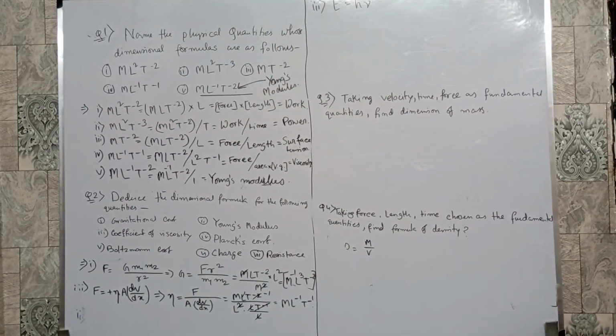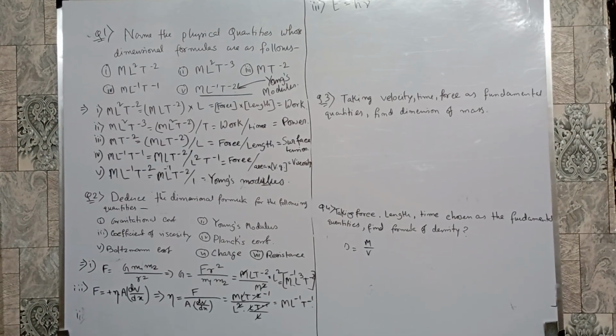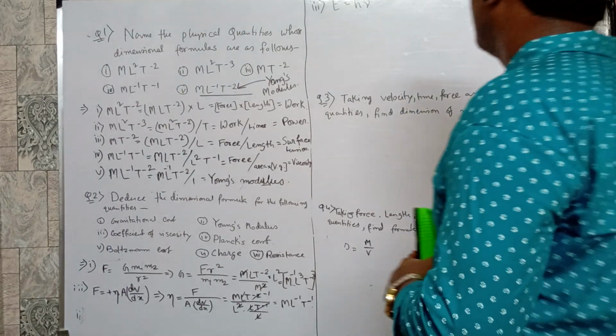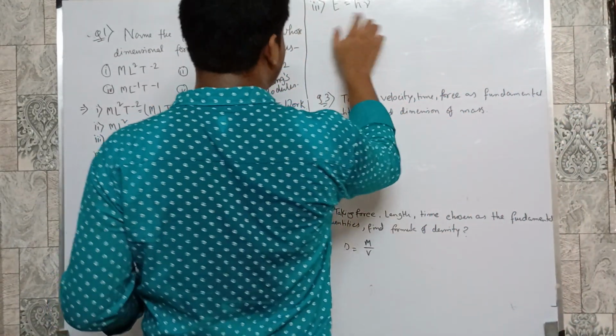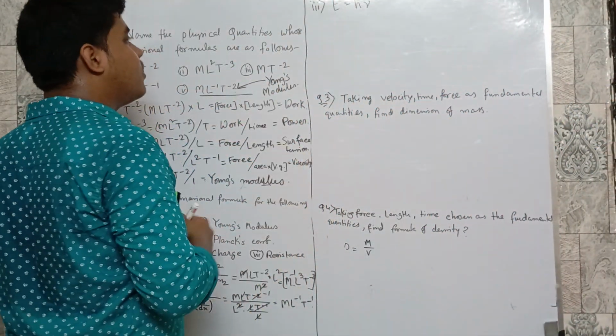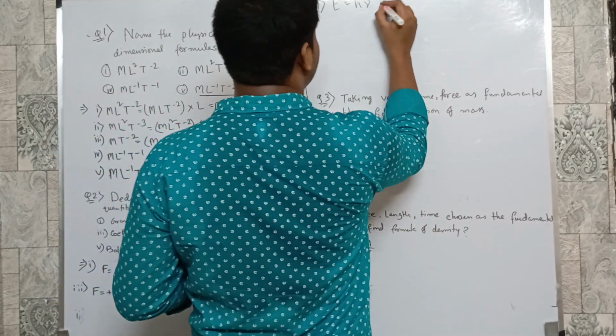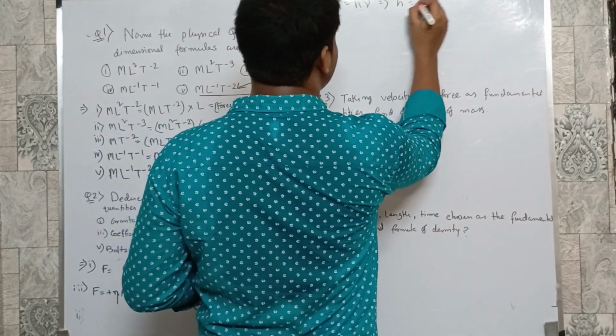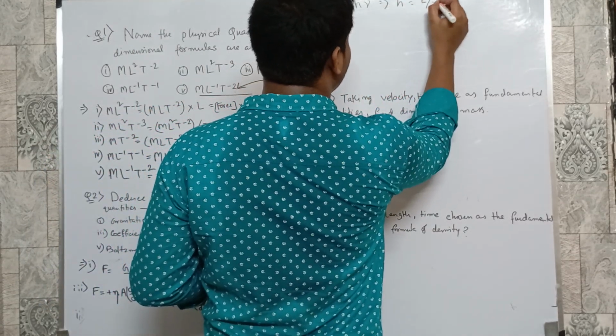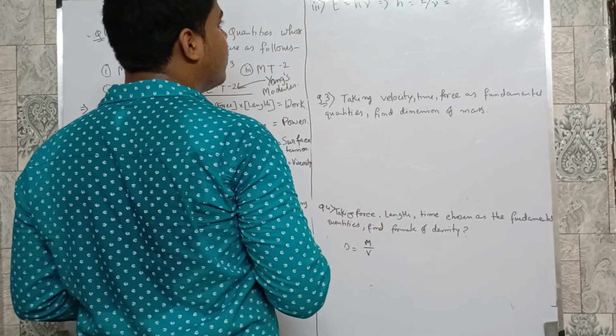E is the energy, h is Planck's constant, nu is the frequency. It will be studied in the chapter. So h equals E by nu, energy per unit frequency.